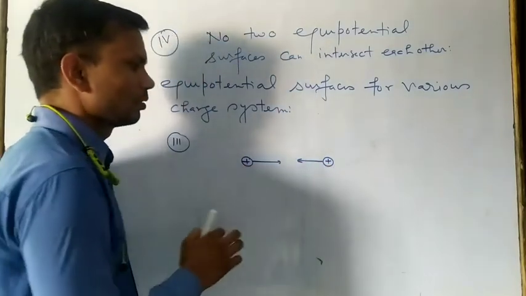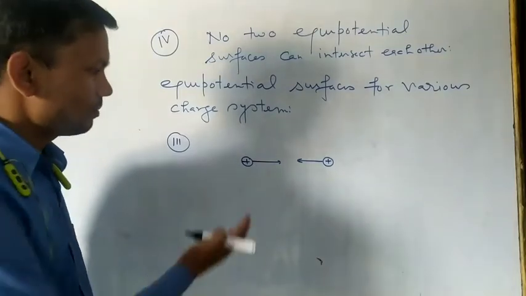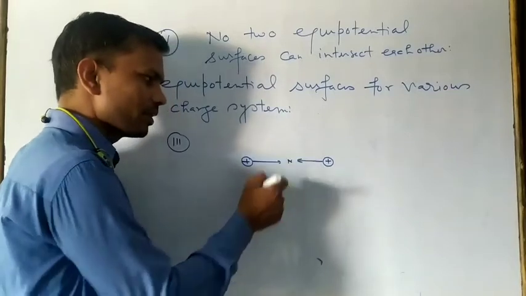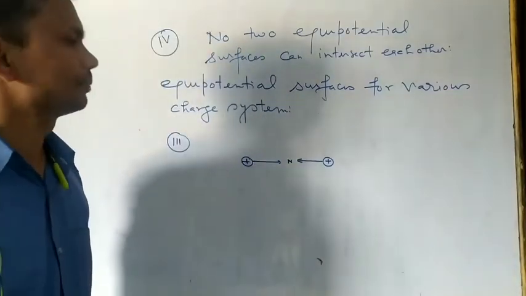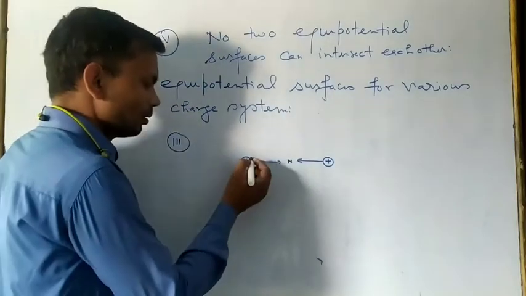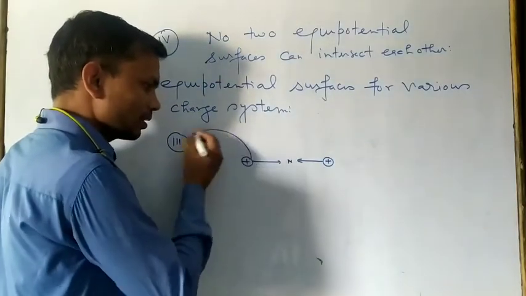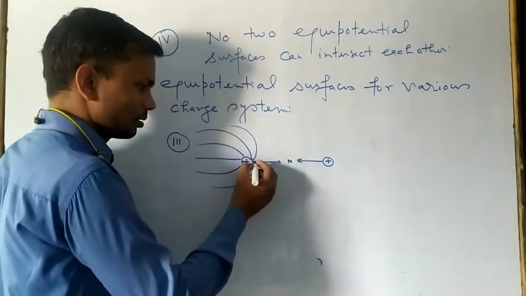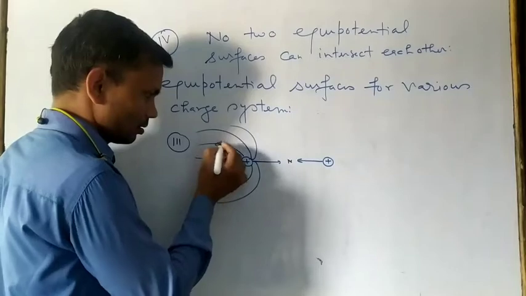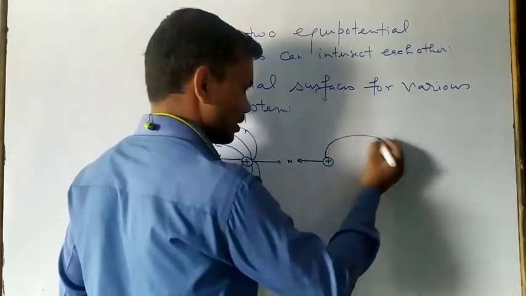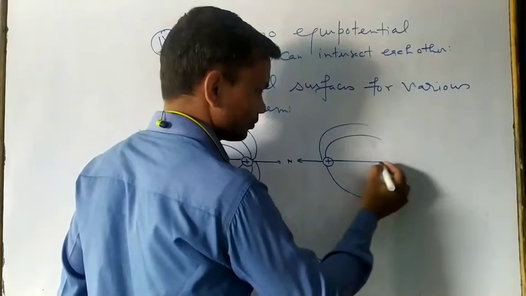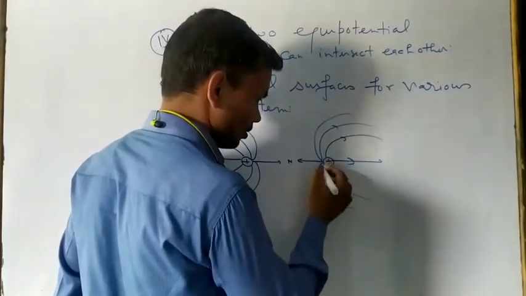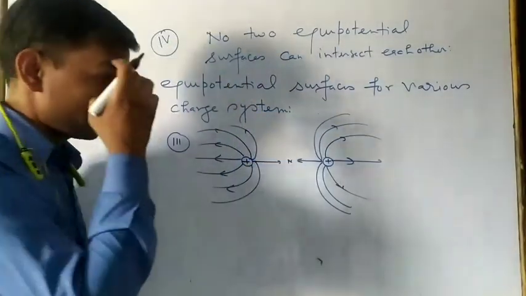Due to the repulsive nature, at this point no electric field exists, and all the electric field lines go in this direction, and for the other charge they also go in this direction. At this point it is neutral; there is no electric field.